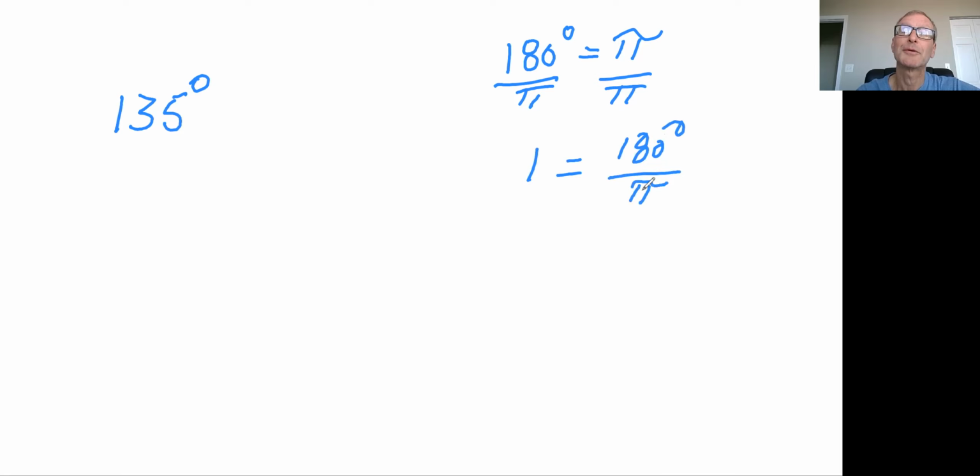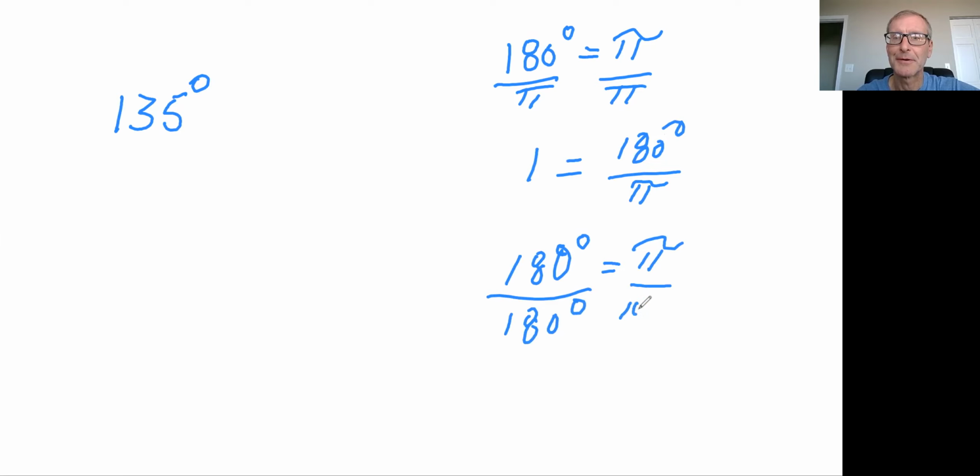Or you could flip it. If I took that same equation and divided each side by 180 degrees, you can see that goes to 1, and now we have radians on the top and degrees on the bottom.